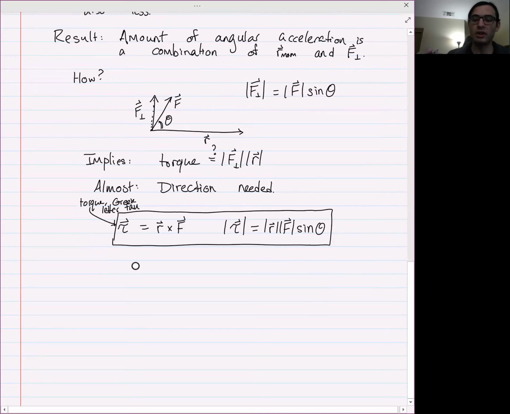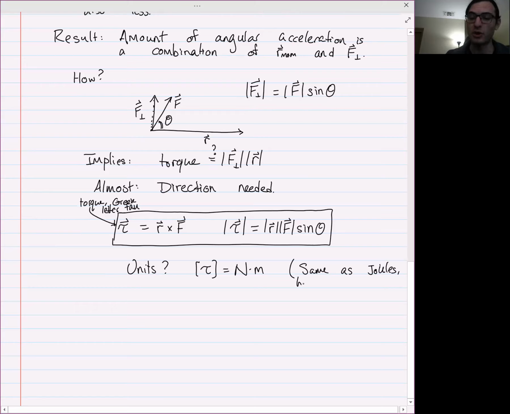Now, let's just take a step back and do some preliminary stuff. The units of torque are kind of strange. The units are given by Newton meters. And notice that these are the same as joules. Like a Newton meter is a joule.